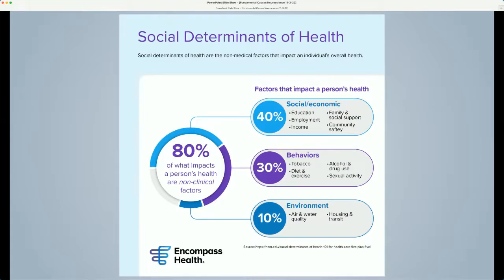In terms of racialized individuals, the two non-clinical factors identified here as the most relevant and powerful causes of health inequities and disparities are redlining and bluelining. So we begin with redlining.